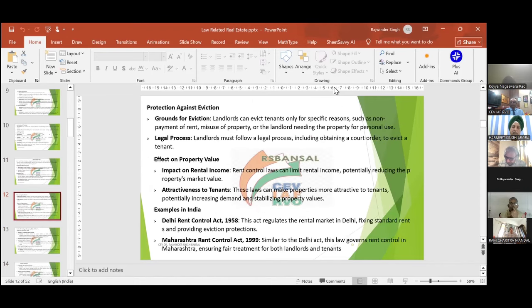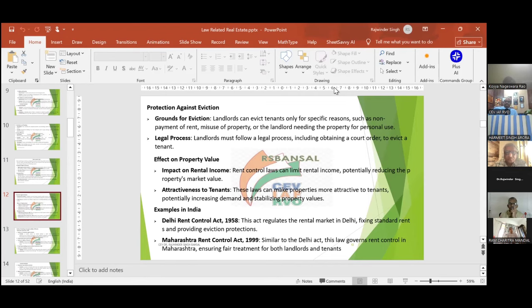Then protection against eviction. The landlord can evict the tenants only for specific reasons such as non-payment of rent, misuse of property, or the landlord needing the property for personal use. As we have already discussed, a tenant can be evicted only in certain conditions, certain situations. Otherwise, it is not possible to evict the tenant.